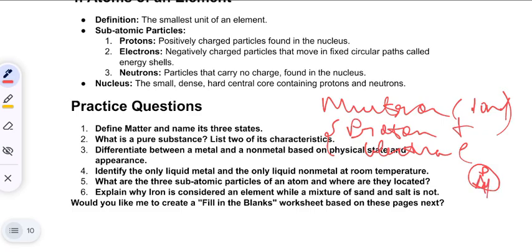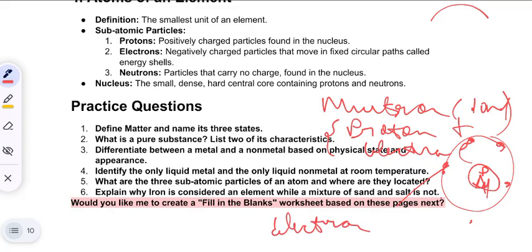And electrons move in fixed circular paths called energy shells.